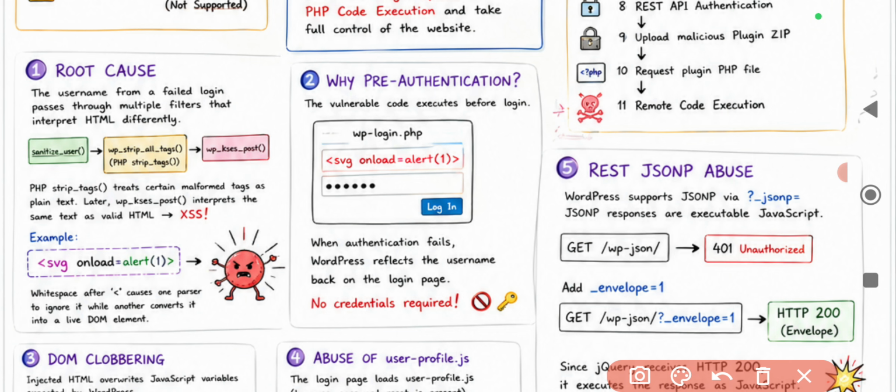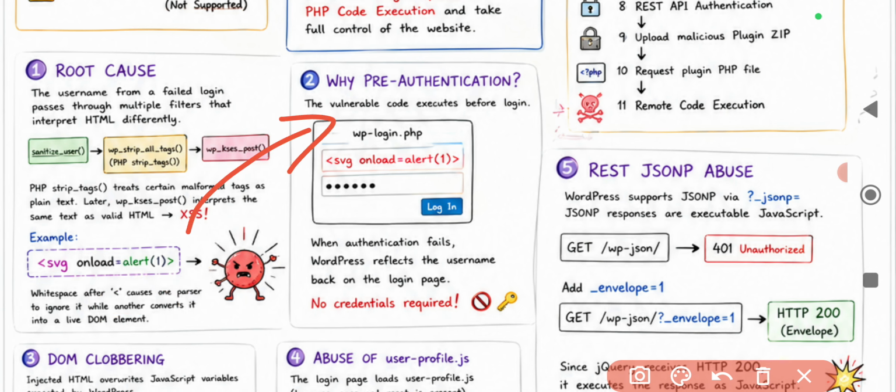Here is the best example to understand the root cause. The username from a failed login passes through multiple filters that interpret HTML differently. The white space after the angle bracket causes one parser to ignore it, while another converts it into a live DOM element.